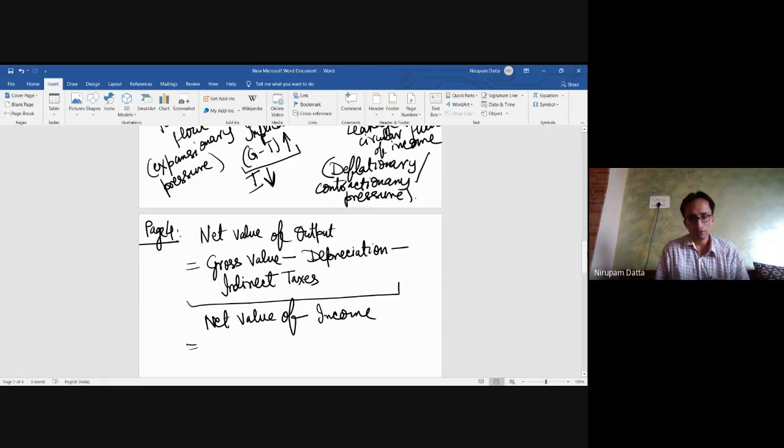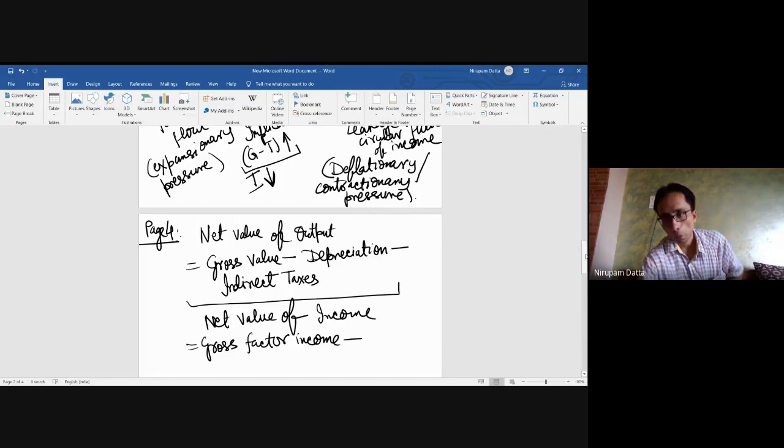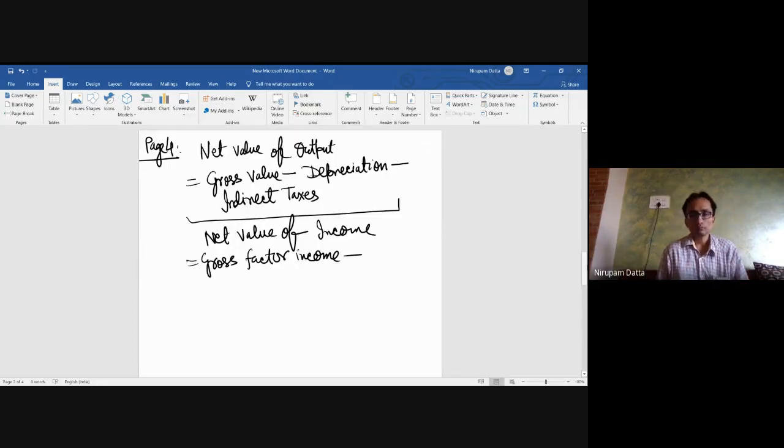Net value of income is gross factor income minus personal taxes.